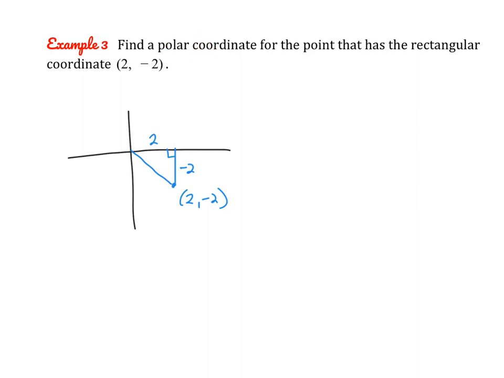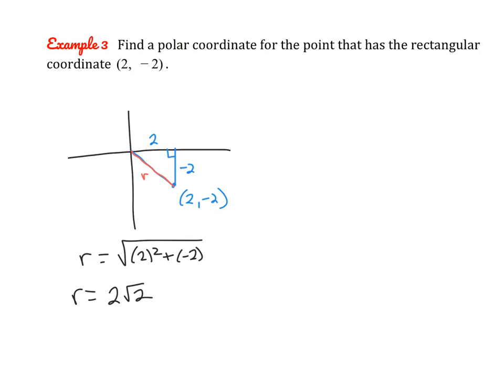The first thing that we need to know is that r value, which is this distance from the center to the coordinate. This r value can be found by simply doing the Pythagorean theorem. So r equals the square root of 2 squared plus negative 2 squared, which is the square root of 8, or 2 root 2.